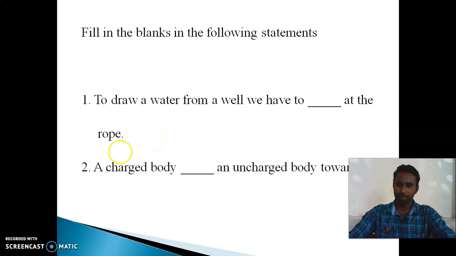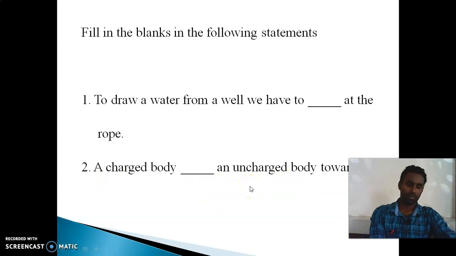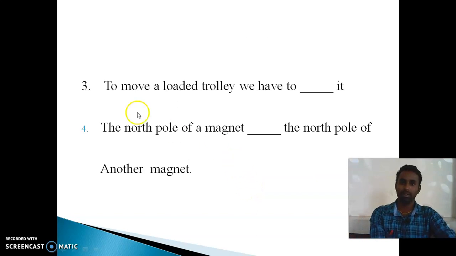Second question, what did they give? A charged body dash an uncharged body towards it. Third question, to move a loaded trolley, we have to dash it.